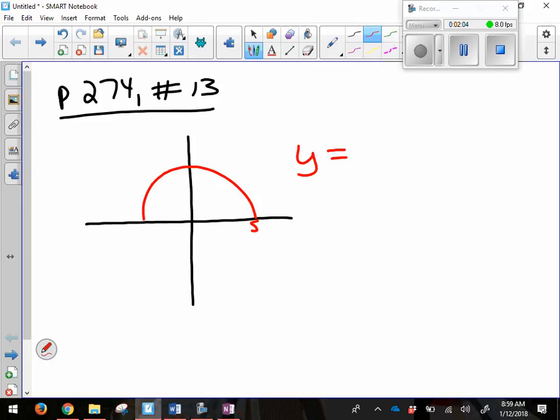Right. So if I'm going to solve that for y, I'm going to take the positive root because I want the part that's above the axis.